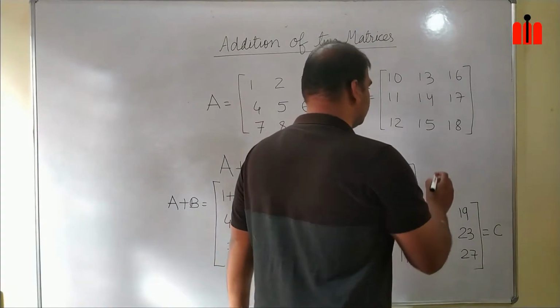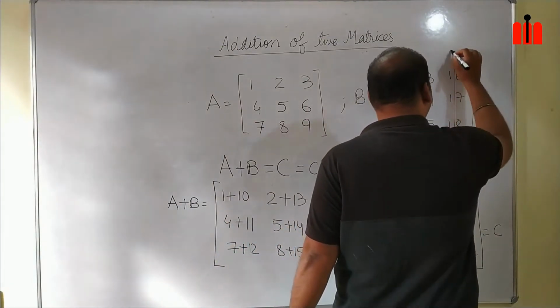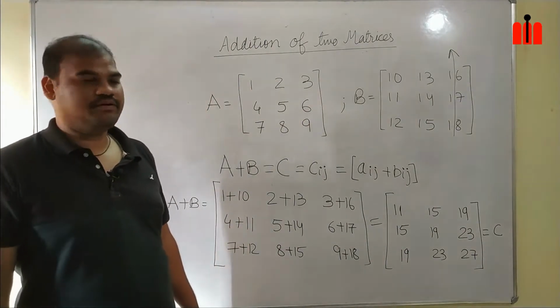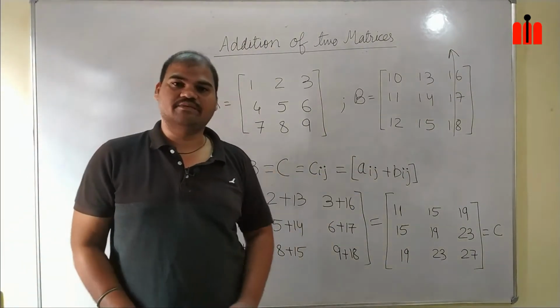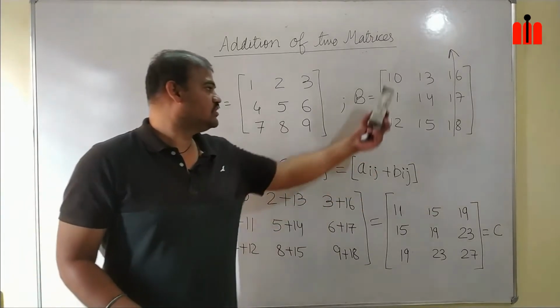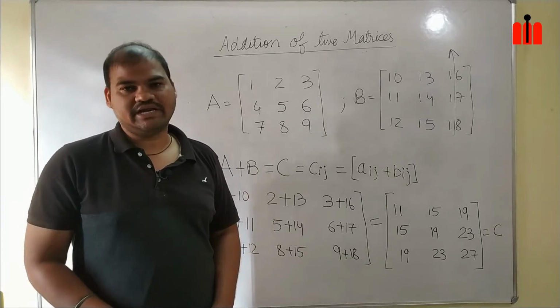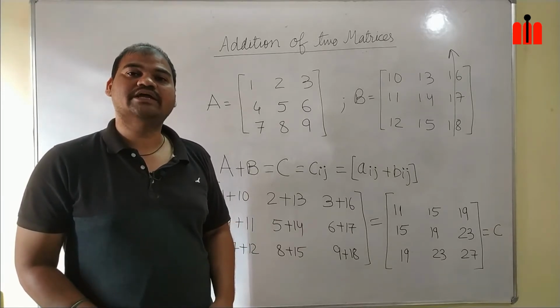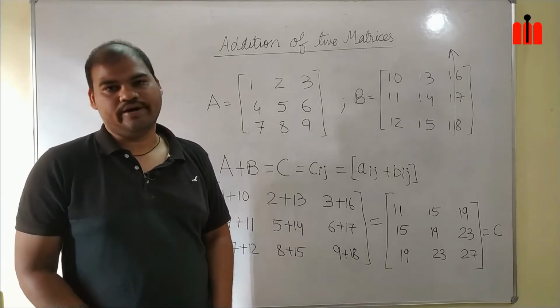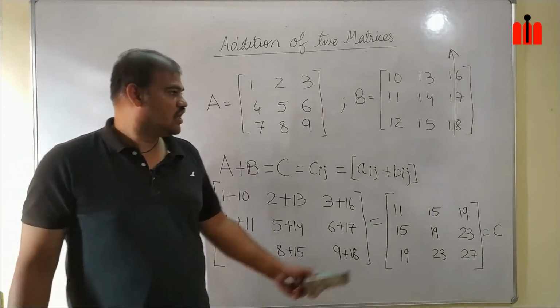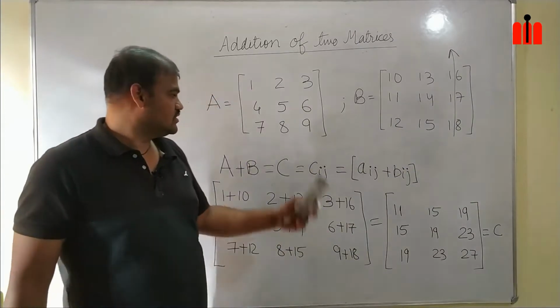Suppose this column is not there, then the order of this matrix will be 3 by 2, 3 rows and 2 columns. A two-dimensional matrix with 3 by 2 as its order. Now this is 3 by 2, this is 3 by 3.